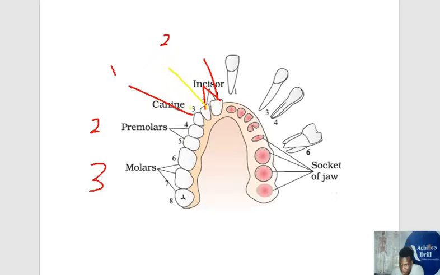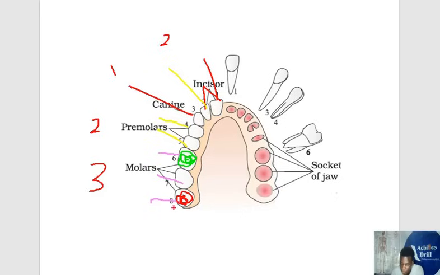We have just one canine, so there's no first or second. This is the first premolar, this is the second premolar. Right here we have the first molar, the second molar, and then the third molar. Usually they paint the first and second, and they usually confuse students. They will just say this one right here, the one in red, is what.